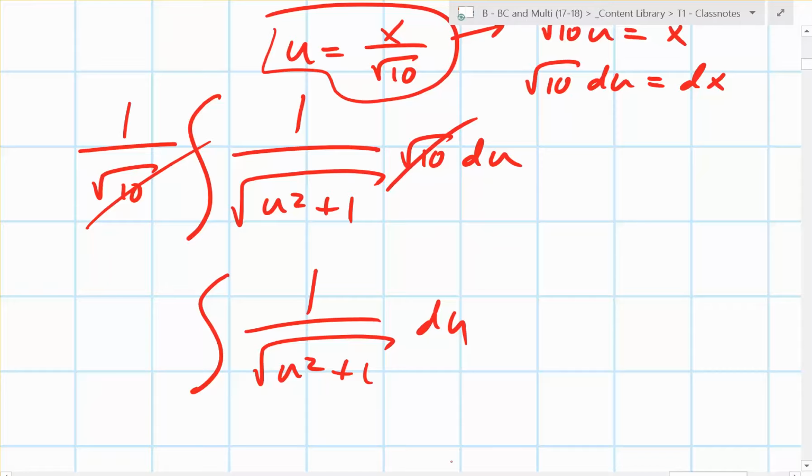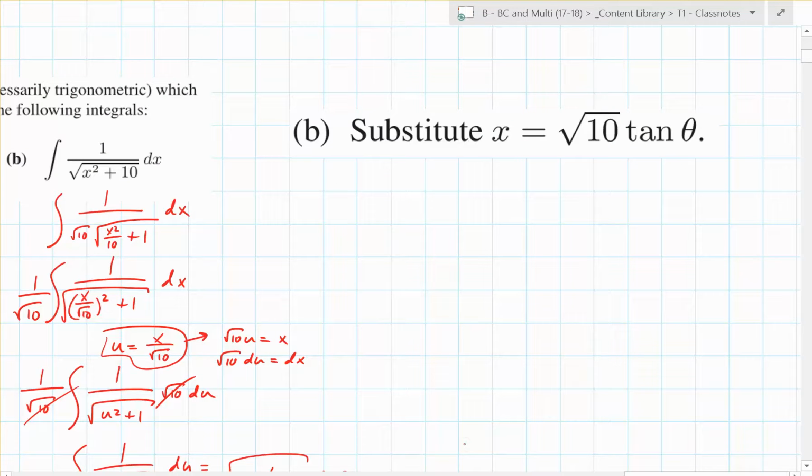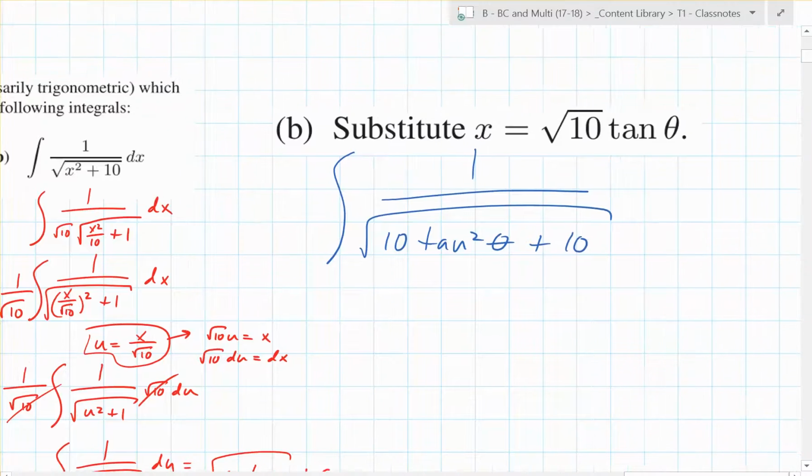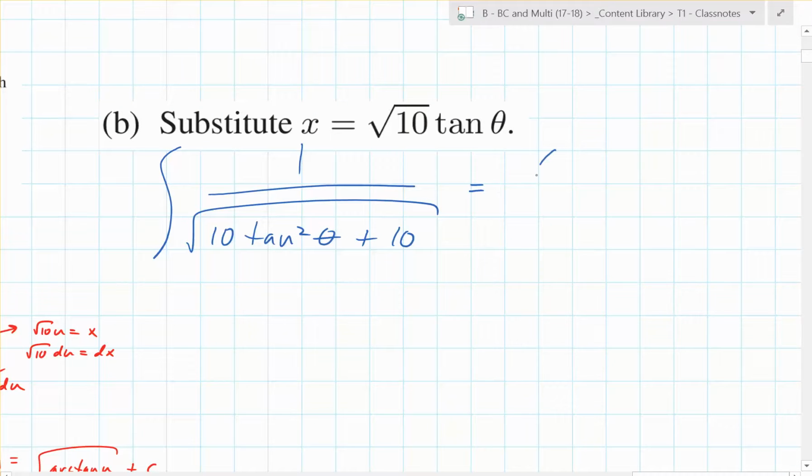That's almost you end up with the integral of 1 over the square root of, you square that, what do you end up with? 10 tangent squared theta plus 10. So what does that equal? 1 over the square root of 10.